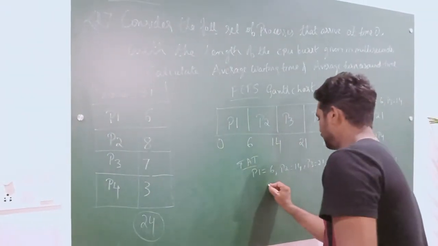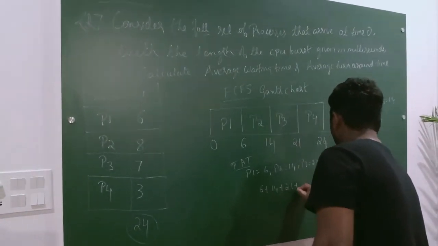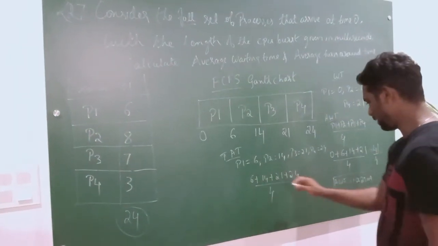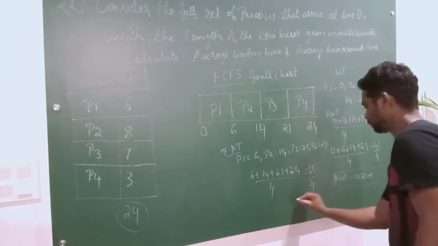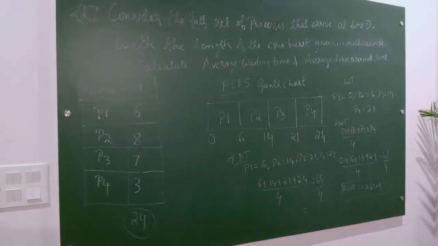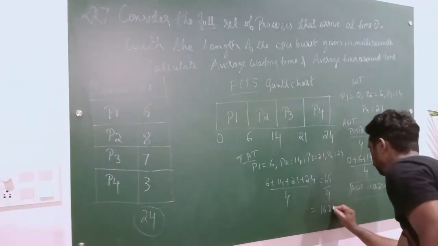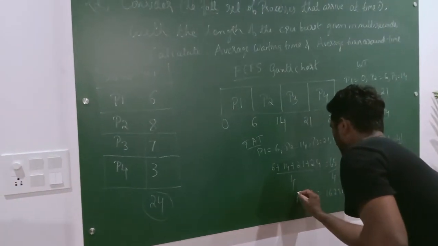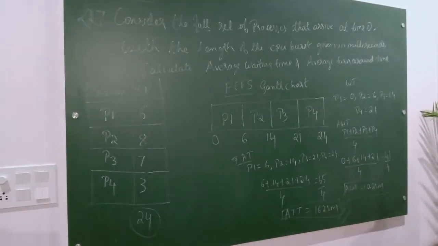So average turnaround time, that is P1 plus P2 plus P3 plus P4 divided by total number of processes, how much? 4. If you add all these things, you get 65 divided by 4. You will get 16.25 milliseconds. That is average turnaround time. So this is your FCFS.